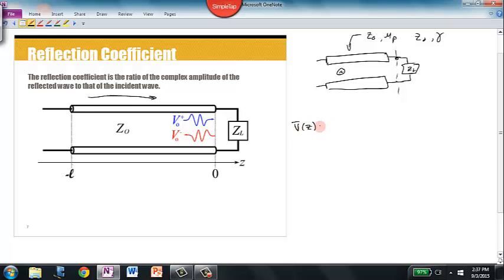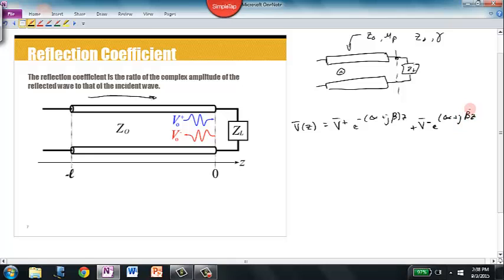The phasor voltage is equal to the positive traveling wave amplitude and phase, V bar plus e to the minus alpha plus j beta z, plus V bar minus e to the plus alpha plus j beta z, and that's in volts.